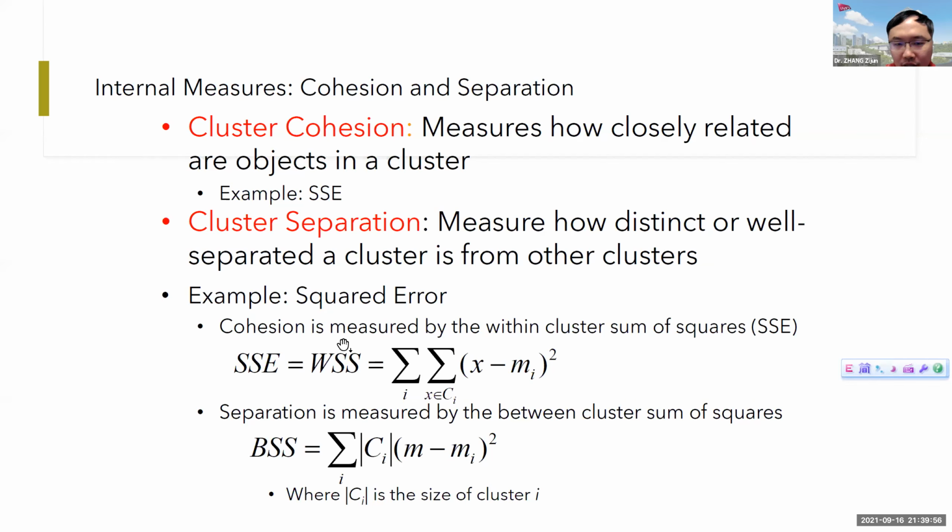So what is your definition? Howling asks, can we use variations? Then what is the definition of variation? How did you calculate the variation? Basically, you need to compute the centroids first.